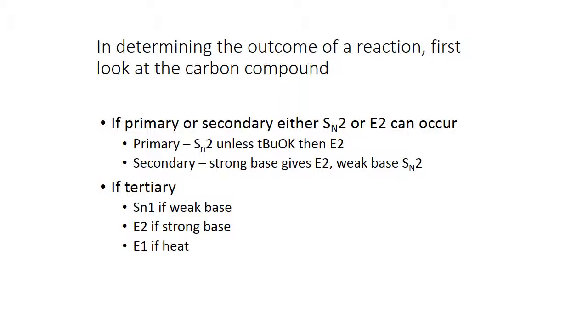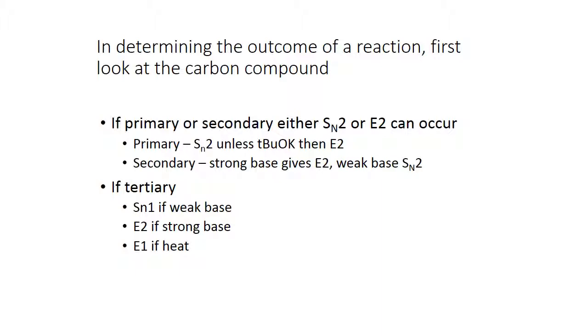If you have a polar aprotic solvent, you're going to do SN2 if there's no strong base present. If there's a strong base present, then it has to be E2. If it's a polar protic solvent, look and see if you have a base in there. If you have a base, it's going to give you E2. If you don't, you're going to have SN1.